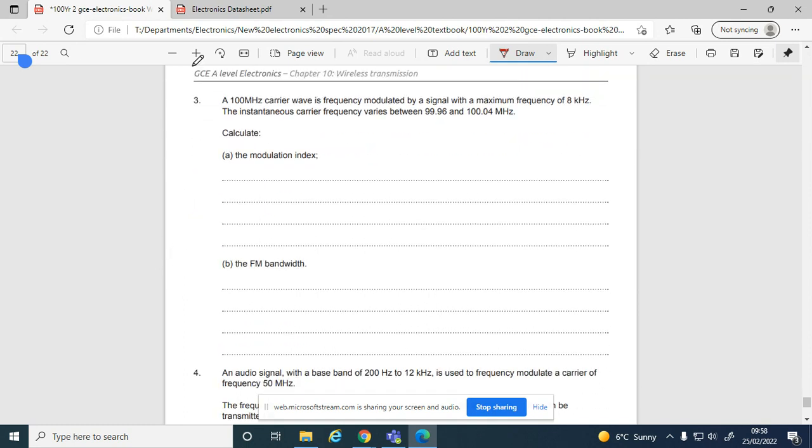This next one. This time we haven't been given the frequency deviation, but it is deviating between there and there. You've got the carrier. You've been given the signal frequency, which we might not need at the moment, but we need to know the frequency deviation first. So the modulation index is frequency deviation over the information. So what is it deviating from? This is tricky.